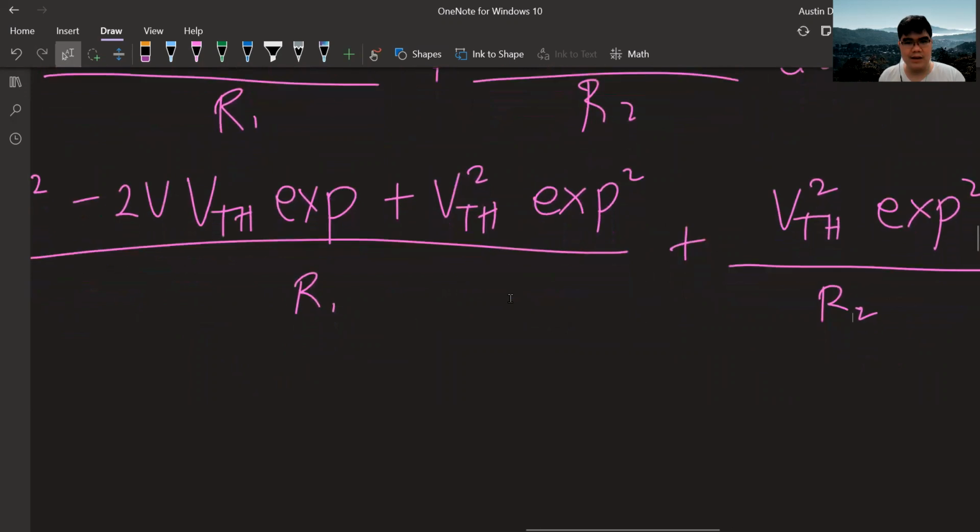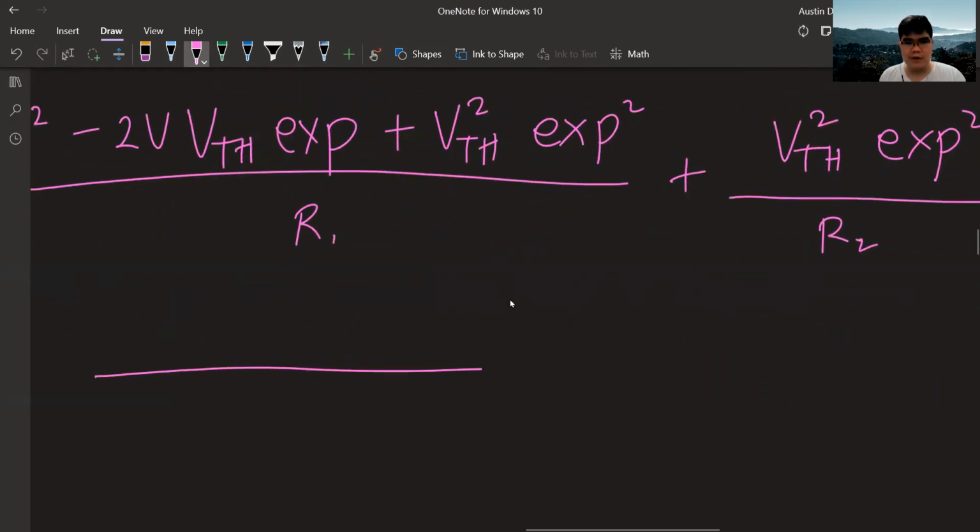Natin kung mas madali. So all over the denominator is R1 and R2.